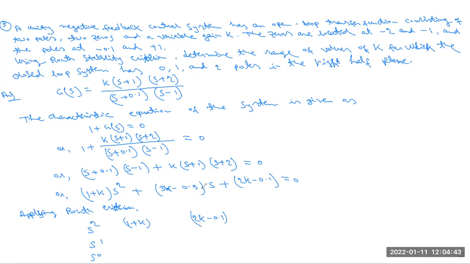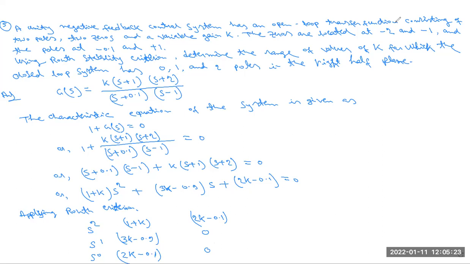In the s to the 1 row, the entries are 3K minus 0.9 and 0. For the next row, you calculate by cross-multiplication divided by the pivot, and the value comes out as 2K minus 0.1 and 0.